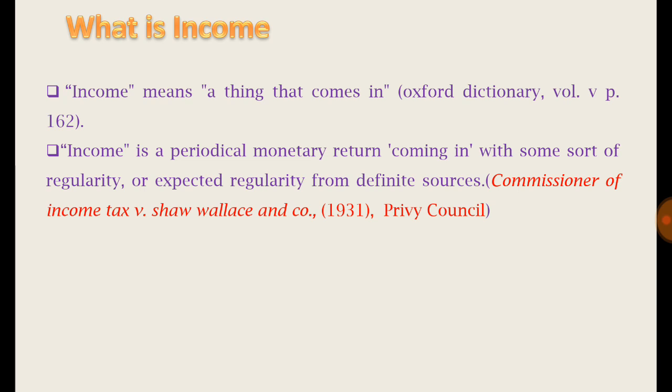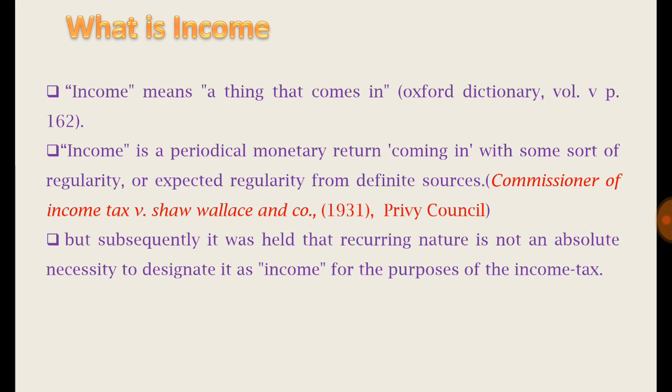If you go through this definition, you can see income is nothing but the monetary returns received from outside, with some sort of regularity or expected regularity. This was the initial definition given by the Privy Council, but afterwards the recurring nature of income was considered not necessary. So even incidental income is also considered income for the purpose of taxation.